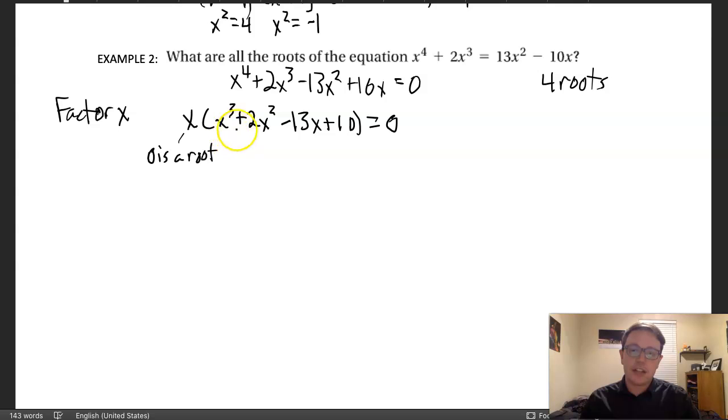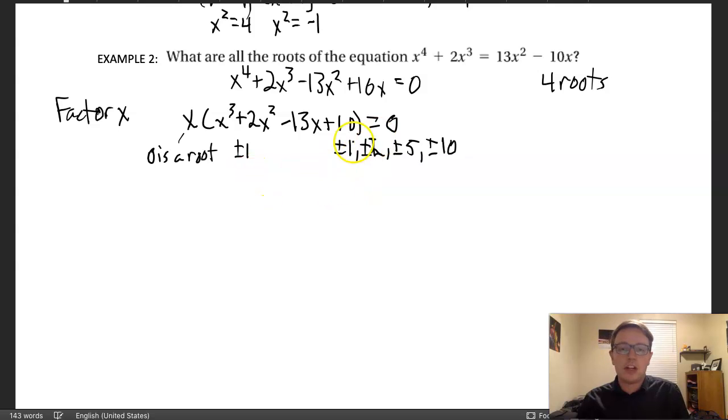So our factors of the constant are plus or minus 1, and our factors of 10 are going to be plus or minus 1, 2, 5, and 10. Now we're going to divide the numbers on the right by the numbers on the left, meaning our possible roots are just going to be 1, 2, 5, and 10, positive or negative. Now we're going to test all of these out until we find one that works.